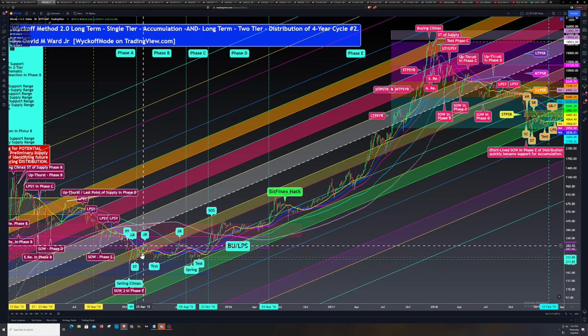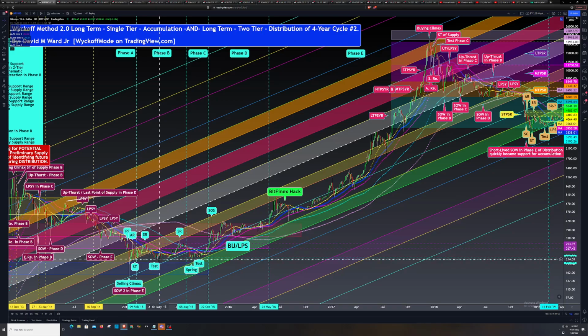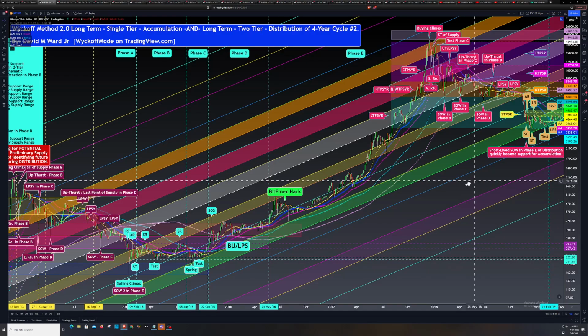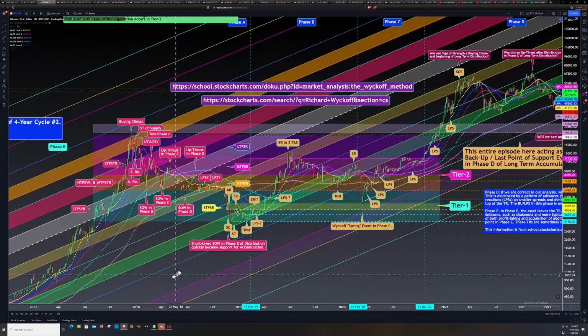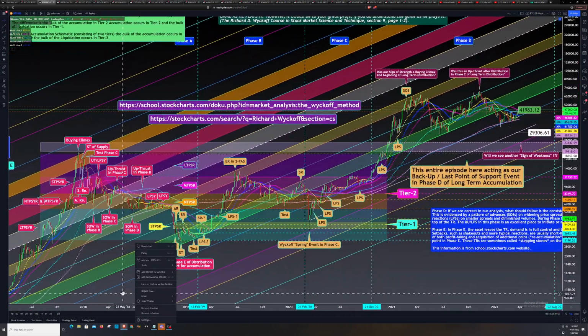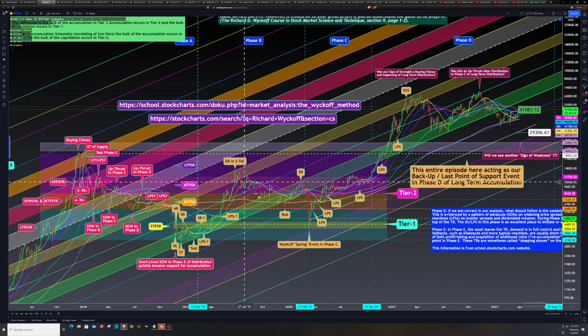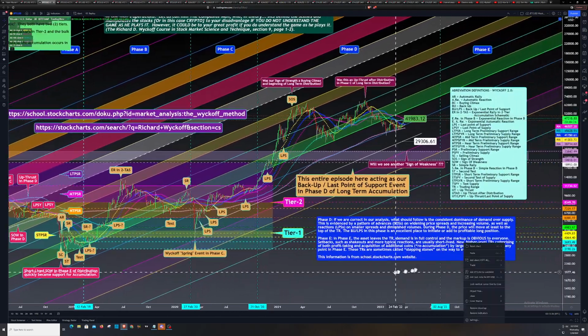So why make it 2 tiers for liquidation? You see what I'm saying? Now they have an incentive just for that, for liquidation. Hence why 2-tiered accumulation schematics and 2-tiered distribution schematics are quite prevalent nowadays.